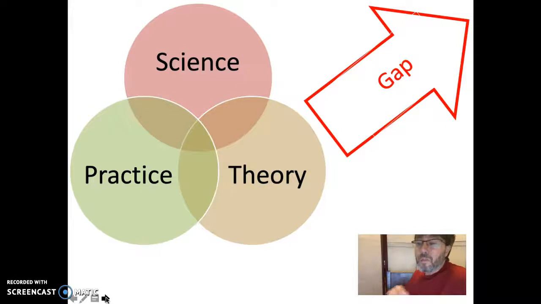And those three components come together to then create a gap statement, or what is the issue or problem that you're specifically going to fill through your DNP project. So this introduction sets the stage then for your methods section, where you talk about what you did in your practice setting to close that gap.